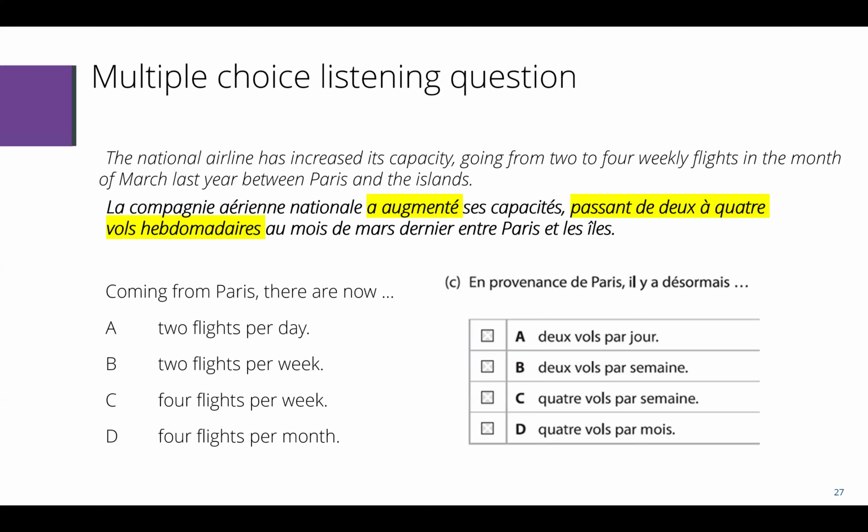So they need to understand that, but they've got this word hebdomadaire, so they've got to think about what that means, hebdomadaire. And so then they're going to have to find the word that is appropriate as a synonym to hebdomadaire.